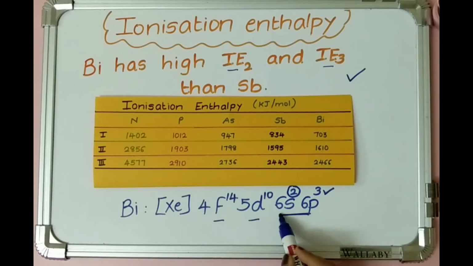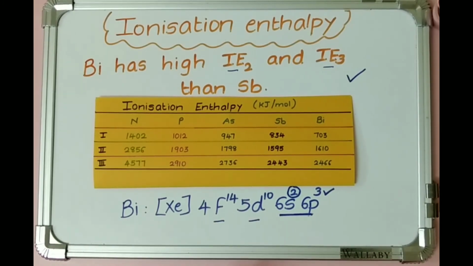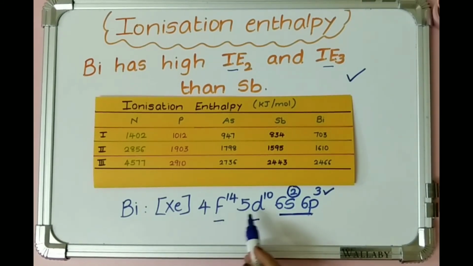So the outermost electrons, the valence shell electrons, are strongly attracted by the nucleus. Why are they attracted? Because f and d provide poor shielding effect. And because of this, the second and third ionization enthalpies of bismuth are higher than antimony.